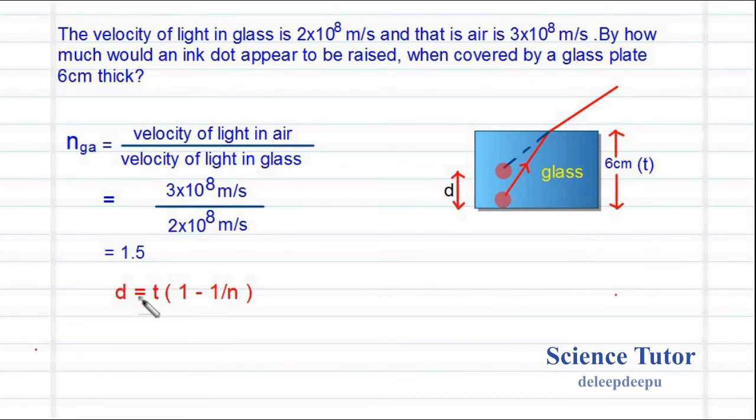The shift D is equal to T into (1 minus 1 divided by N). Here D is the shift in the position of the dot and T is the thickness of the glass slab. Now we can substitute all these values here. Thickness is 6 centimeters and refractive index 1.5. Then the final answer is 2 centimeters.